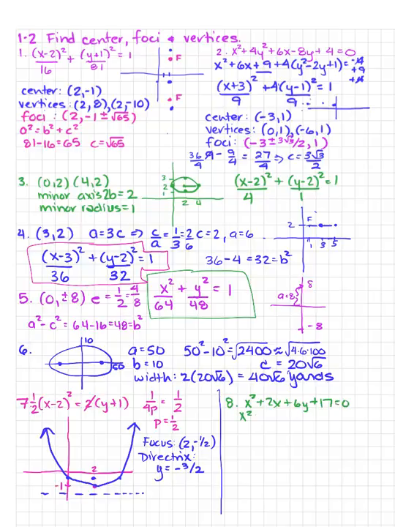So x squared plus 2x plus 1, that's going to equal negative 6y minus 17 plus 1 to both sides. So negative 6y minus 16.